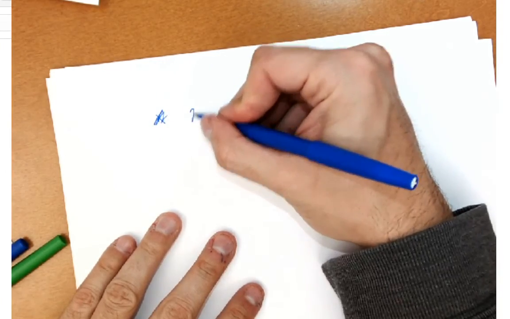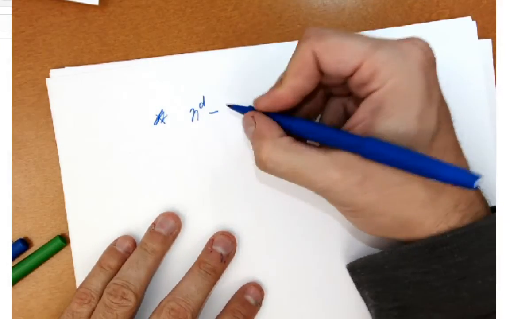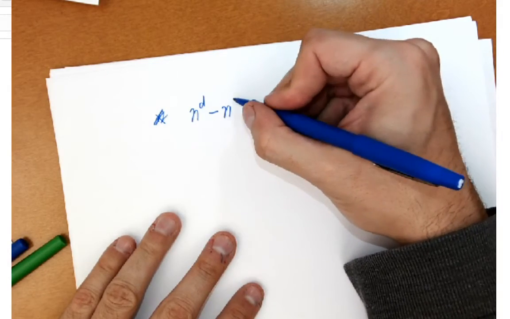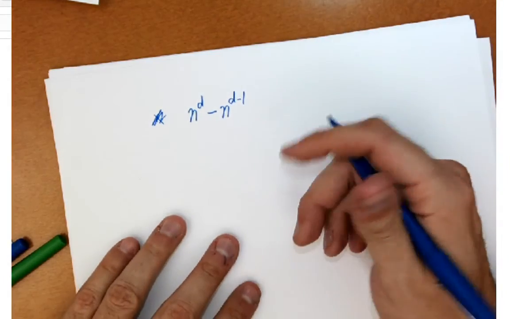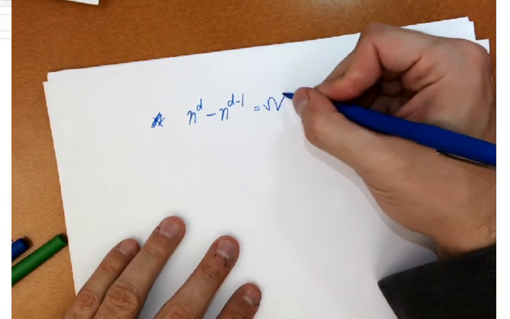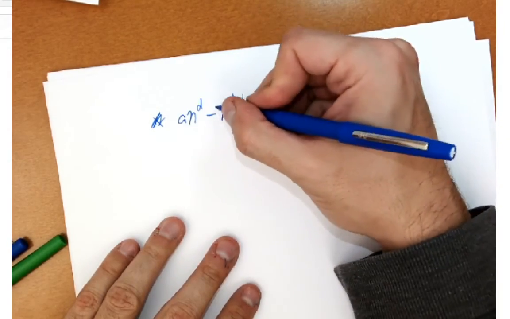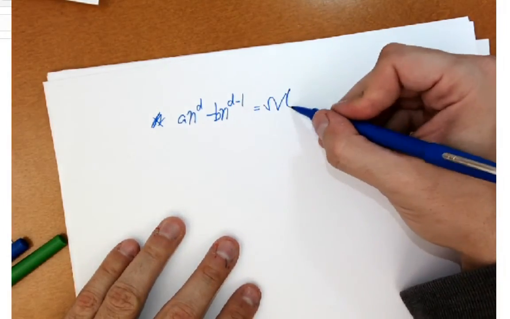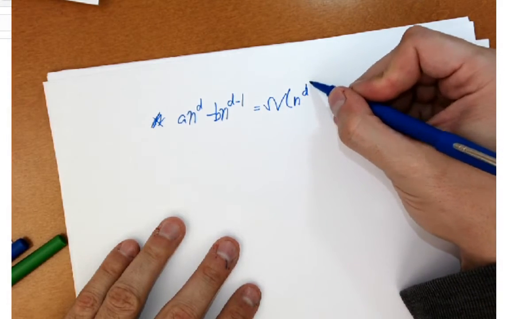I think I proved something like this, but imagine that you've got something like prove n to the d minus n to the d minus 1 is omega. Let's make it more complicated. a n to the d minus b n to the d minus 1 is omega of n^d. Right?